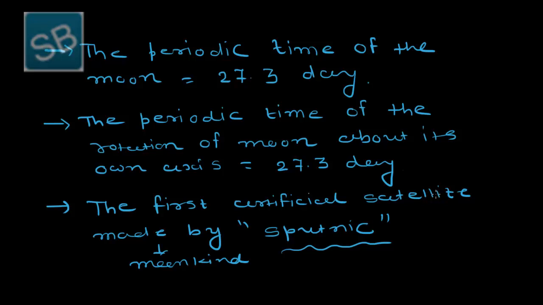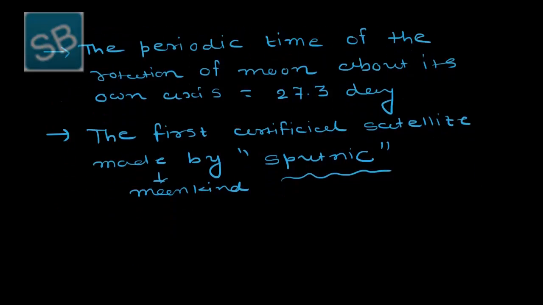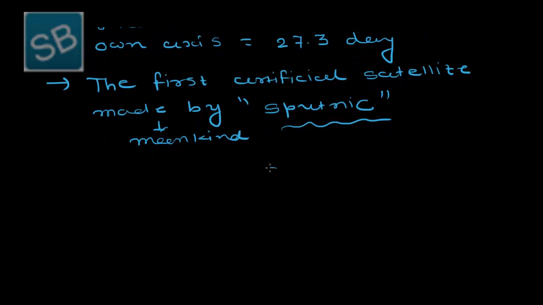That was put into the orbit around the earth. So suppose this is our earth, then it was put in this way around the earth's orbit. So this is the satellite which keeps on rotating around the earth, and this was made by Russian scientists.